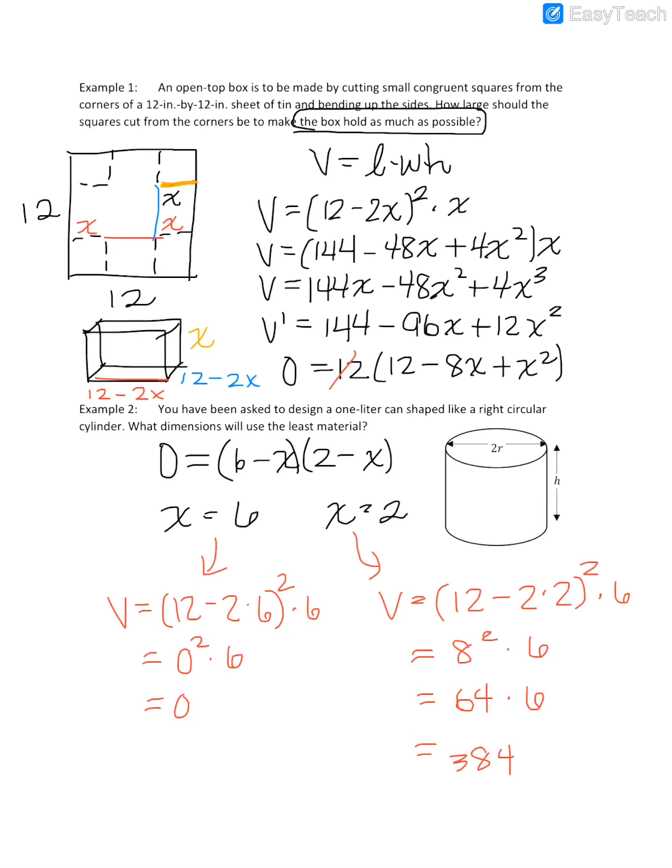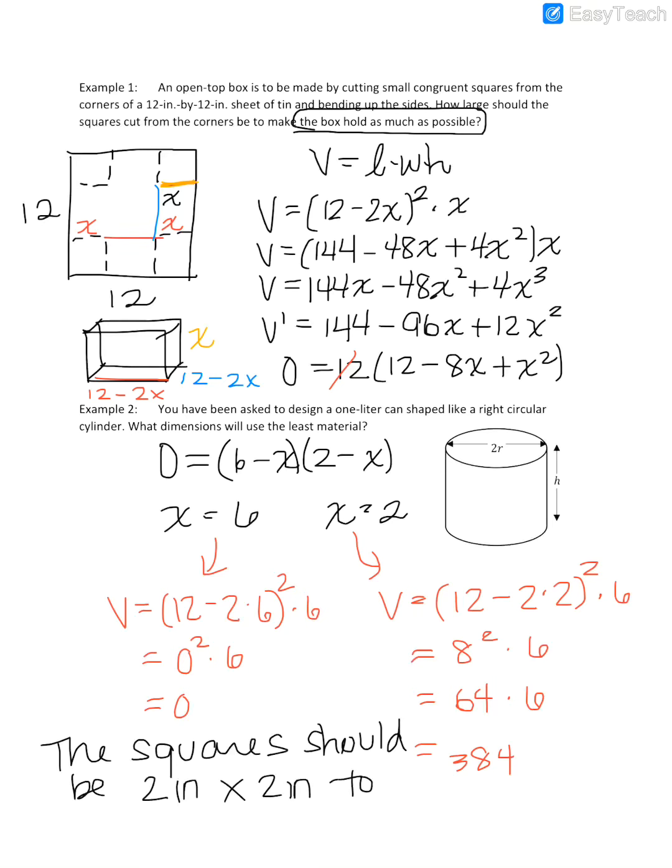How large should the squares cut from the corners be to make the box hold as much as possible? The squares should be 2 inches by 2 inches to maximize the volume.